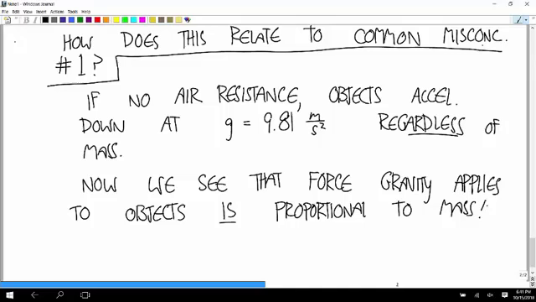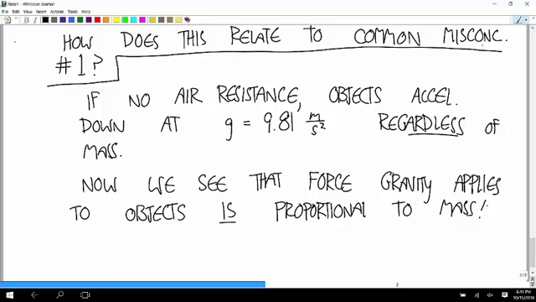That's exactly right. So the way this works is since mass is resistance to acceleration, if you had a bowling ball and a feather and you wanted them both to accelerate 9.81 meters per second squared, you'd have to apply a bigger force to the bowling ball. It has more resistance to acceleration. You need to apply a bigger force to overcome that. And so that's the relationship between these things.